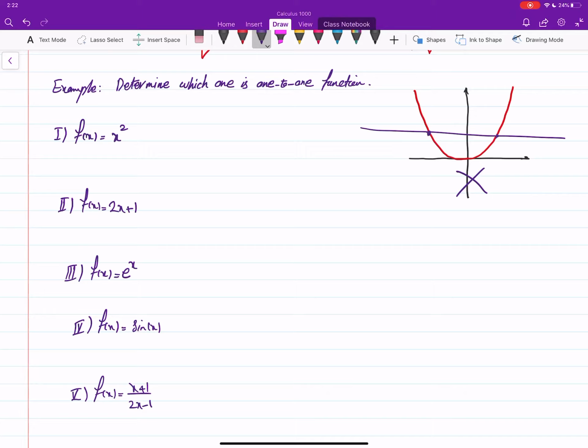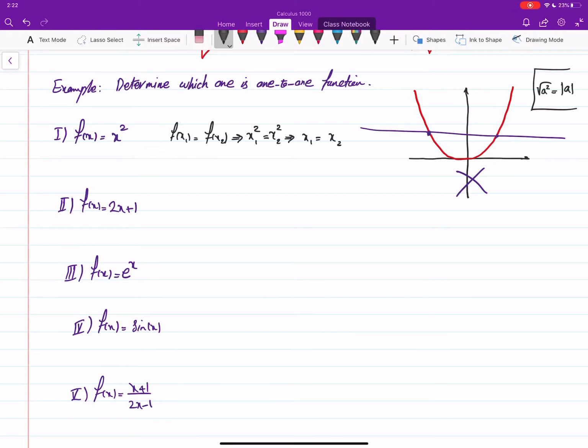Another way of seeing this is that if f of x1 is equal to f of x2, then it implies that x1 squared is equal to x2 squared. As a result, when you find the square root, the square root of x squared is not x. This is a fact here. The square root of a number squared is not just a, it is the absolute value of a.